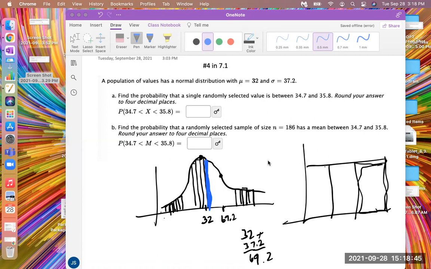186 values and them having a mean between 34.7 and 35.8. So that's kind of equivalent to thinking about my likelihood of finding one random guy. If I picked a random guy, the probability that he's 6'4" is probably pretty likely.